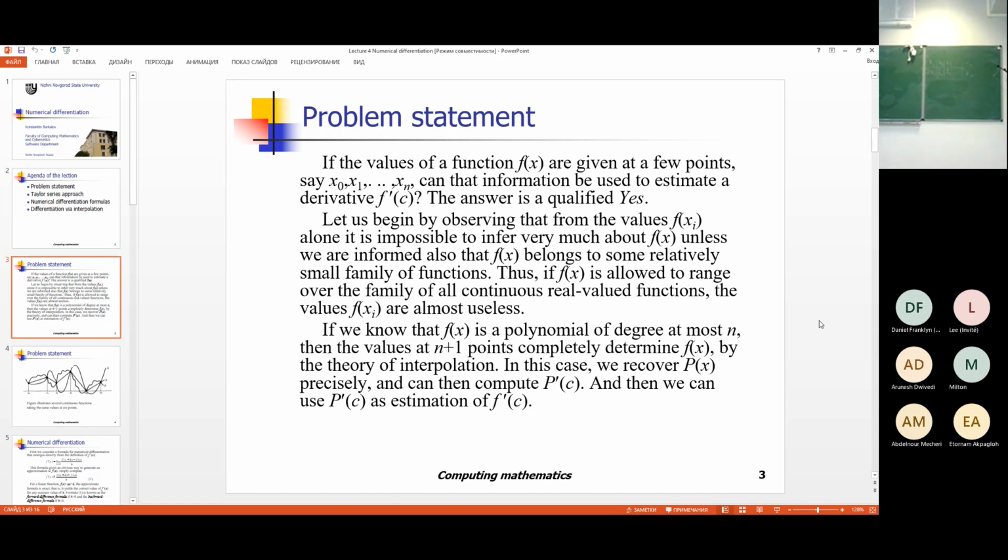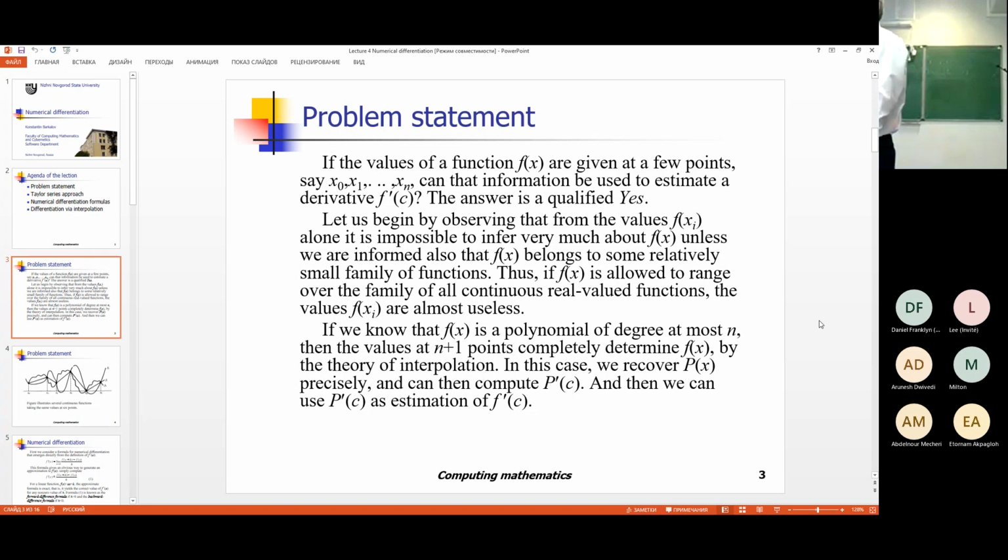This is the first one. For example, if f of x equals sine x, then the derivative is cosine. If f of x is e to the power x, the derivative is the same.